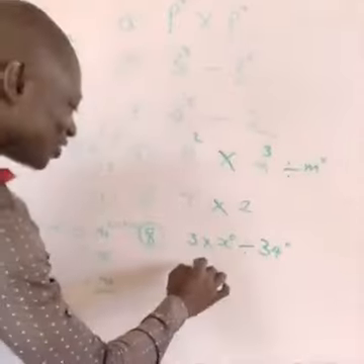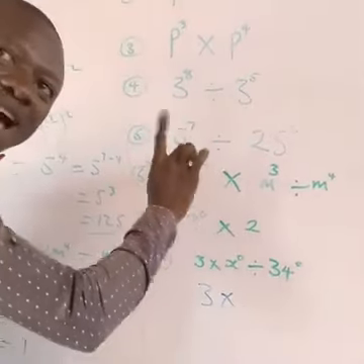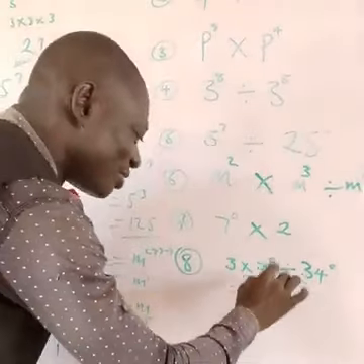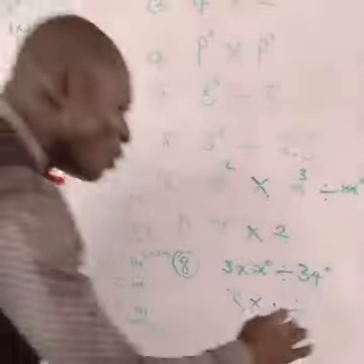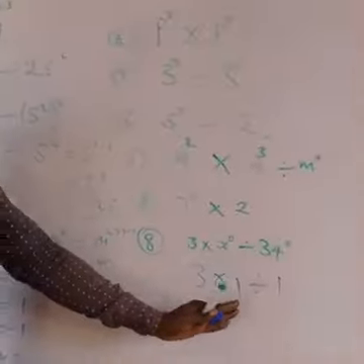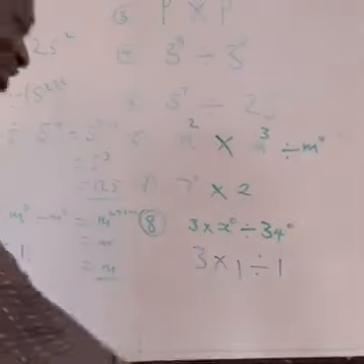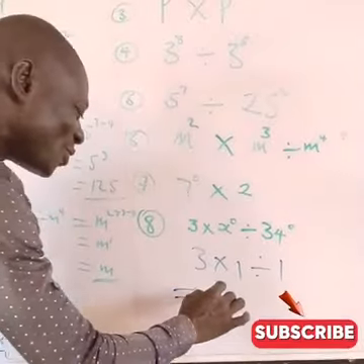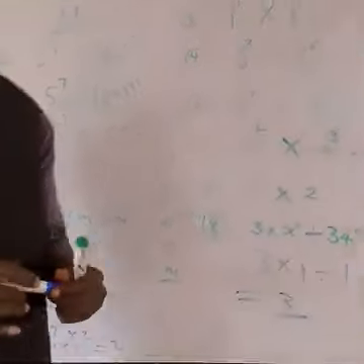That is going to give us 3 raised to the power 1 indeed, times x raised to the power 0, which is 1, divided by 34 raised to the power 0, which is also 1. What do we have? 3 times 1 is 3, and 3 divided by 1 is also 3. And so the entire question will give us 3 as the last answer after simplification.